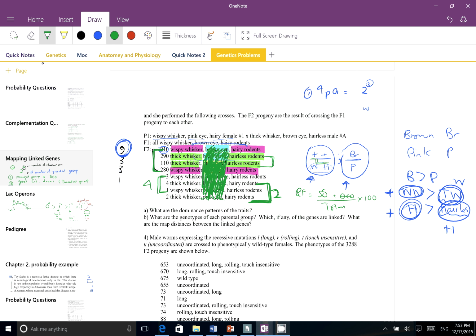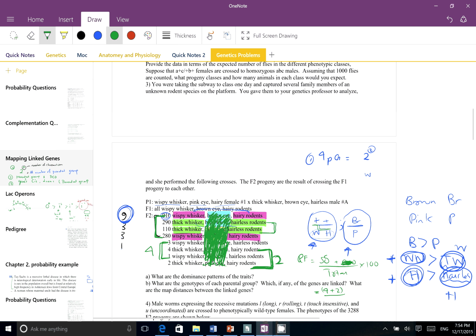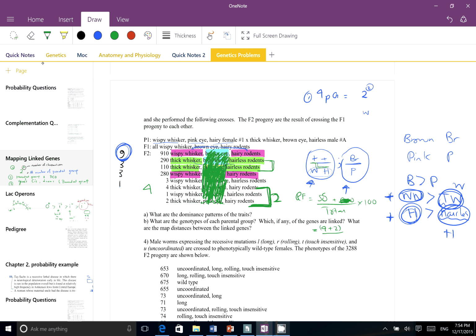So forget about that one. It's going to be equal to my single crossover, 4 plus 2. My total is, does the question tell me? No, it doesn't. So I have to add it on my own.